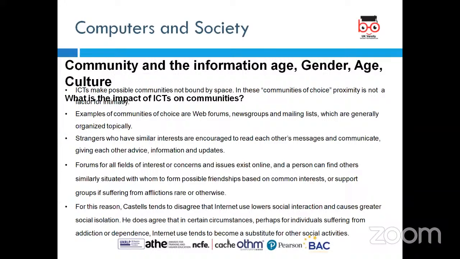So a question that we want to ask ourselves is, what is the impact of ICT on our communities? Say, for instance, we live in a highly technological area where there are lots of emerging countries.